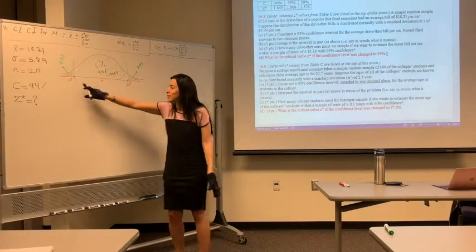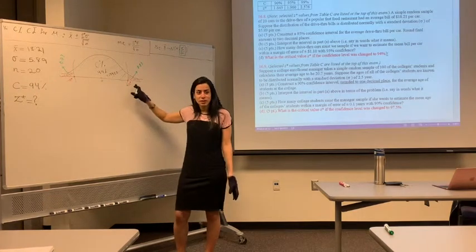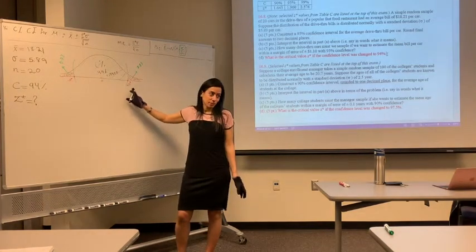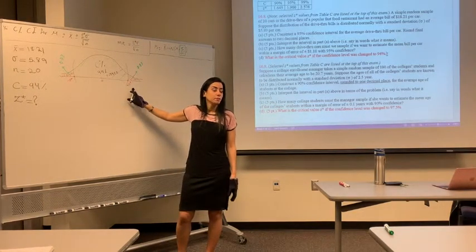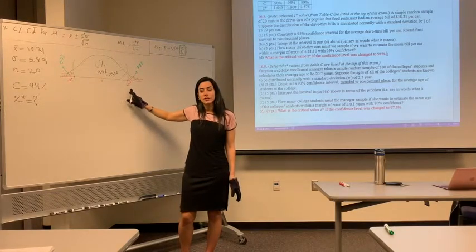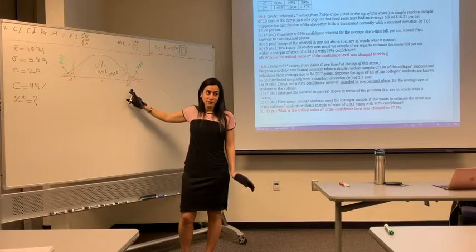So now I want to find this z. It doesn't matter either this one or this one, but let's start with this one because this is a positive number. Z. So if I want to find this z, I should know what is the area to the left side of this z, right?